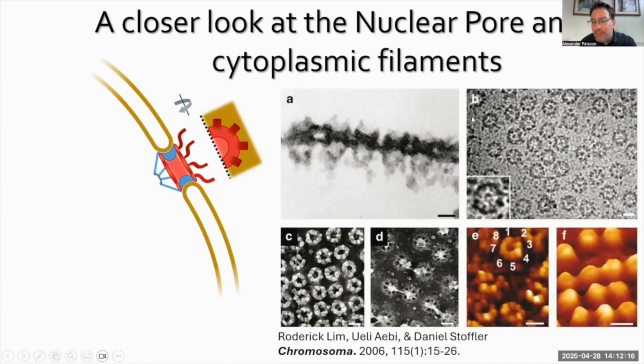When we look at micrographs, we can see that the entire pore has eight of these filaments. This has been seen through a variety of microscopic techniques. Here's a nice picture of the basket on the inside and the filaments on the outside of the nuclear pore.